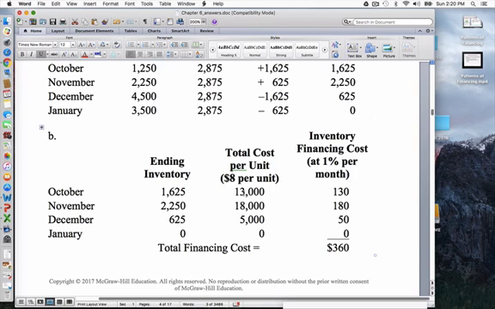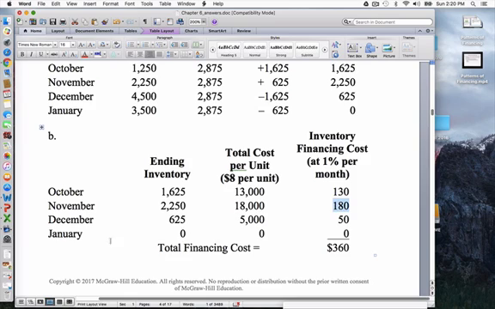That's going to be the total, so units times cost per unit, and then we multiply that times 1%, which is 0.01, and this is how much it costs me in dollars to finance my inventory. The same here, ending inventory times $8 per unit is going to be in dollars, so we move from units to dollars over here. Okay, and then this amount times 1%, 0.01, is $180.